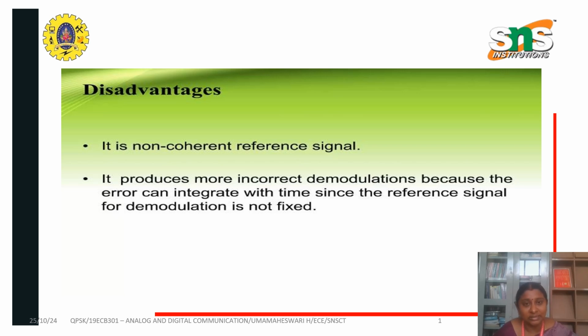This quadrature phase shift keying is mainly used in order to detect the reference signal. The disadvantage is that it is a non-coherent reference signal and it can produce more incorrect demodulations because the error can integrate with time since the reference signal for demodulation is not fixed.